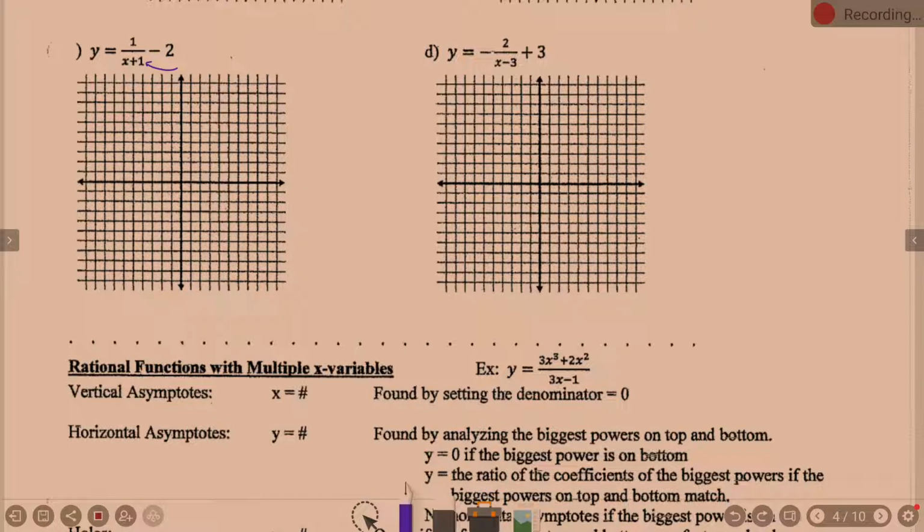So an x plus 1 tells me that this graph is going to be moving left 1. The minus 2, it's the number added or subtracted at the end, which tells me up or down with the direction of the sign. So a minus 2 tells me down 2.